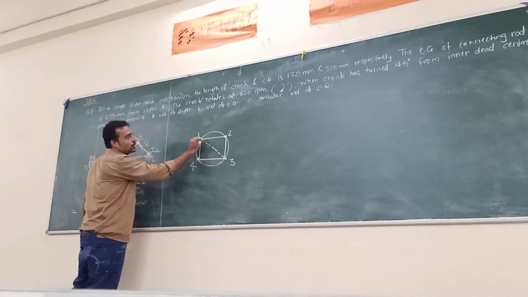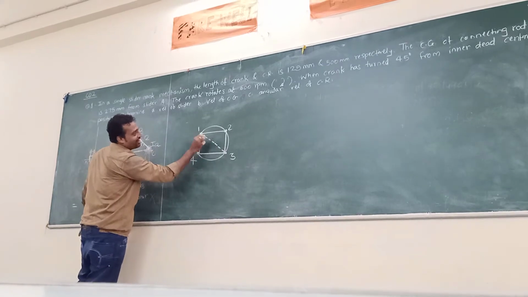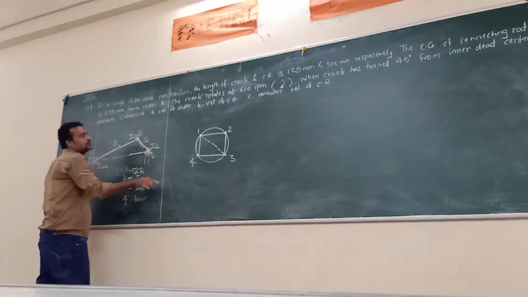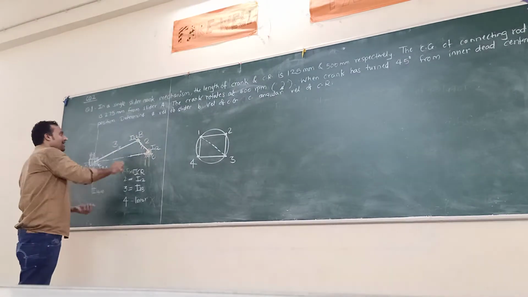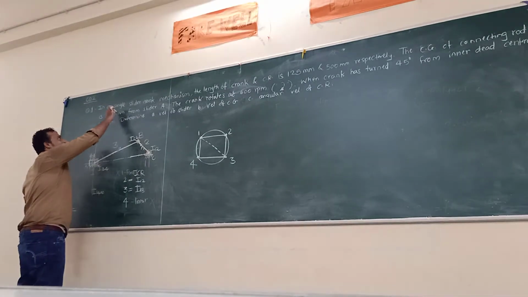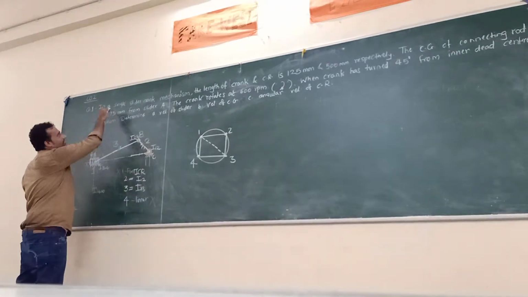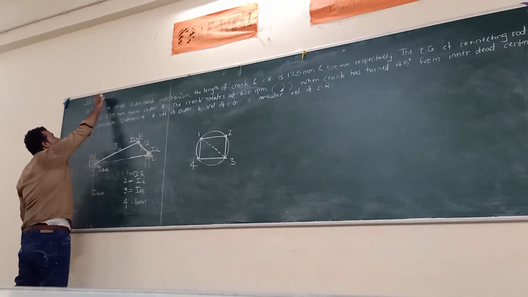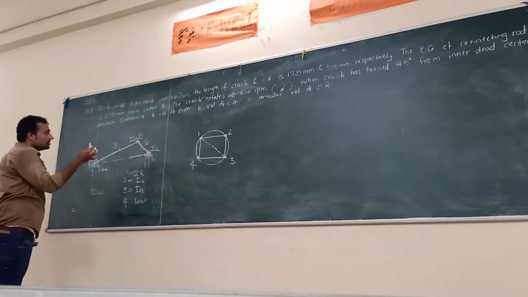A line joining I12, I23 and I13 will be a straight line. So we have I12 here, I23 here, and on this line somewhere we have I13.